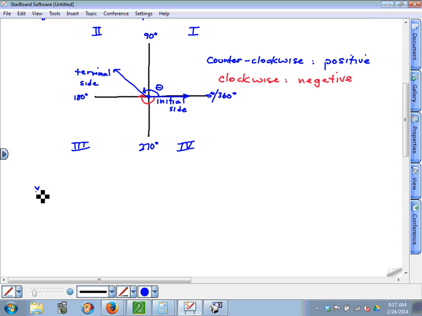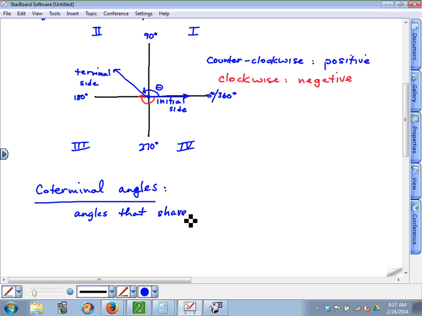Now, let's talk real quick about coterminal angles. Angles that share the same terminal side.